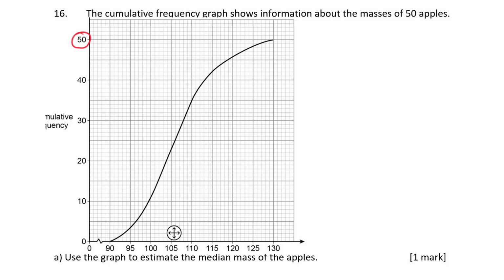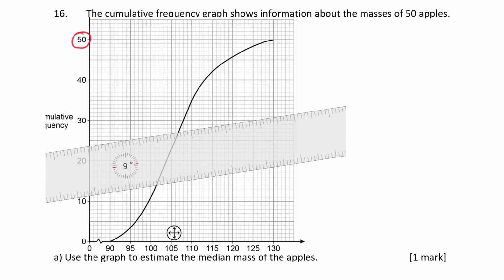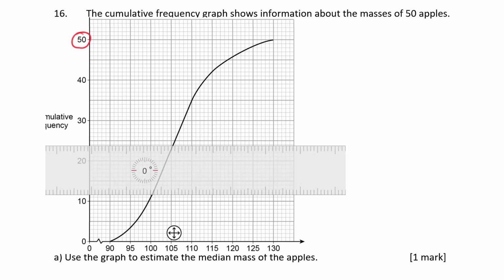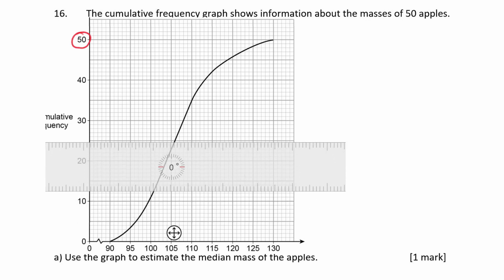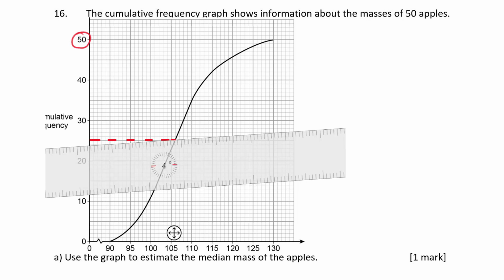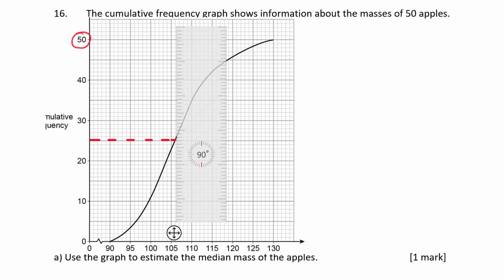Okay, so getting a ruler out, finding 25, half of 50 on the cumulative frequency scale. It's there. Okay, and then carefully reading across to the curve, and then changing direction, and then reading down.